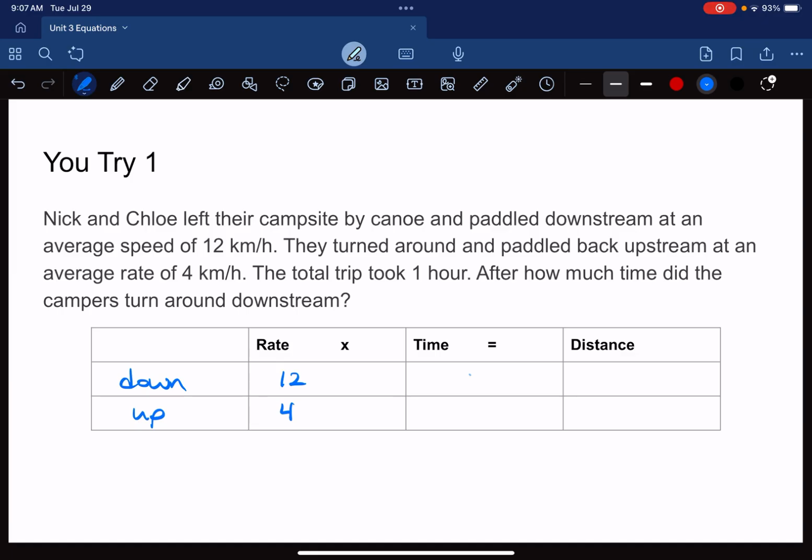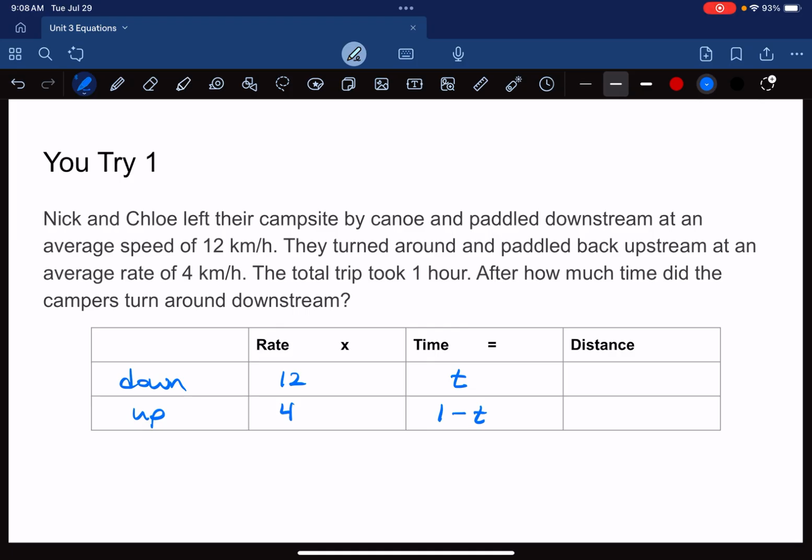After how much time did the campers turn around downstream? So if the time downstream was t, the time upstream would be 1 minus t because they had an hour total. So we could just subtract how much time it took to go downstream from 1, and that would give how much time it took to go upstream.